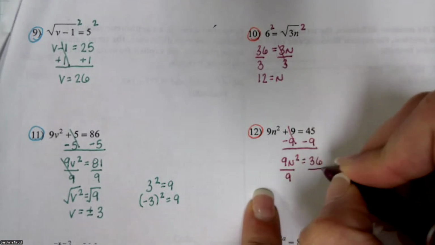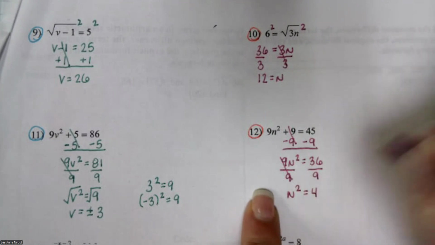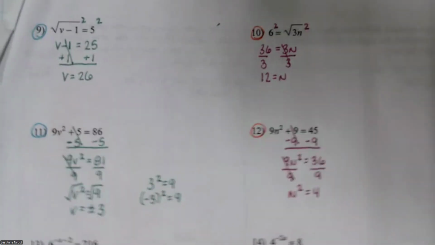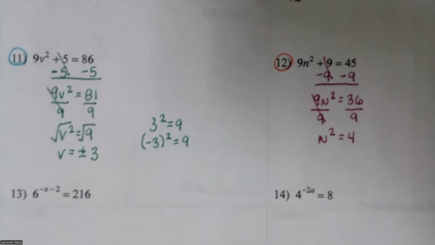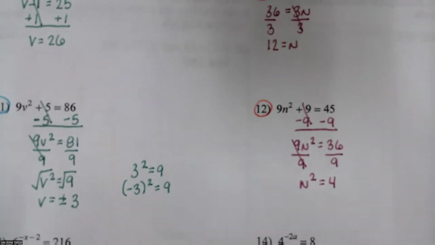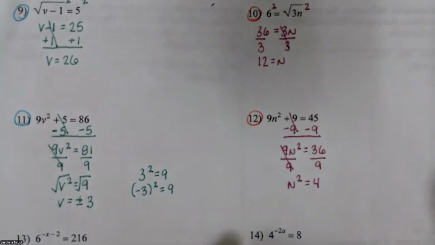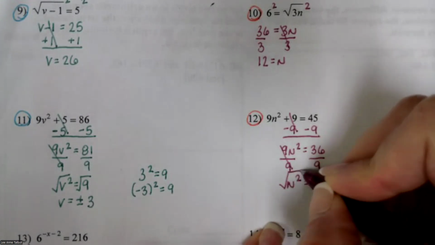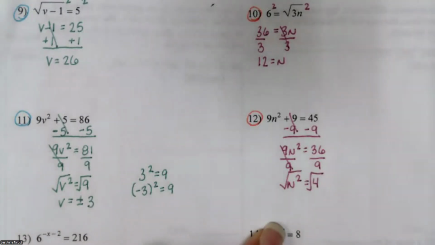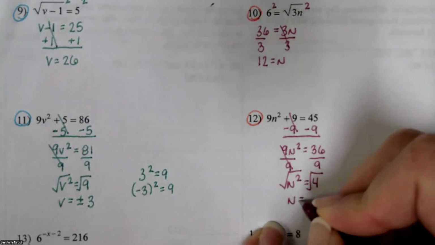Then divide. Okay, then square root both sides. On this side, the squared and square root cancel, and you just have n.